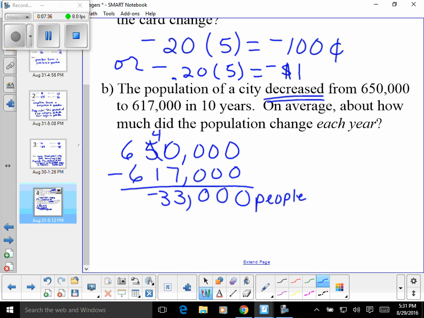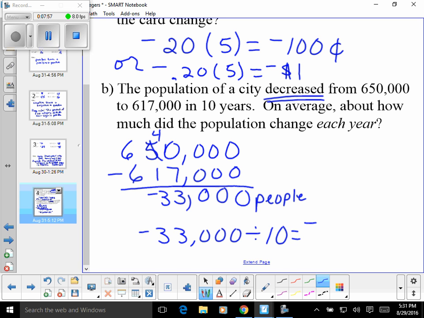Now, we haven't done a whole lot with division yet. We'll be doing that in the next lesson, but hopefully you kind of remember this from last year. We are going to take that negative 33,000, we're going to divide by 10. We actually are going to get a negative number.